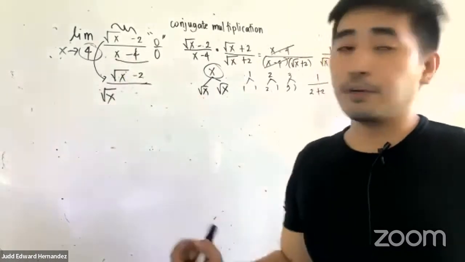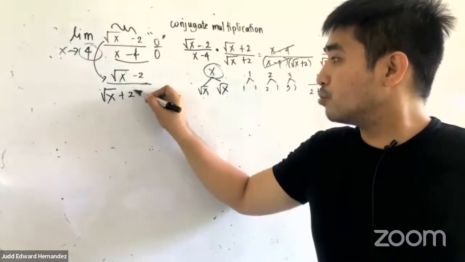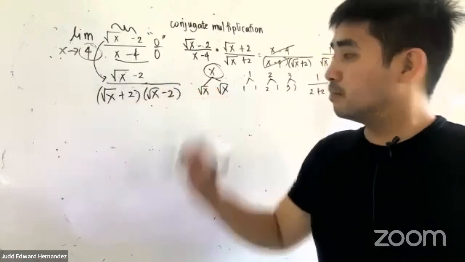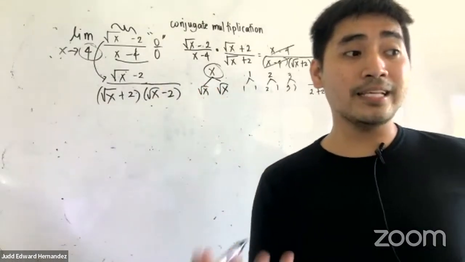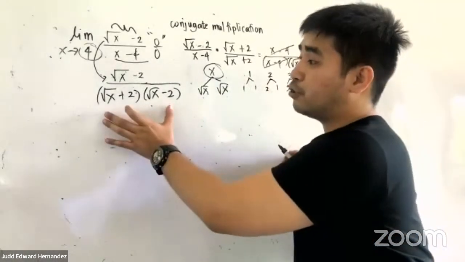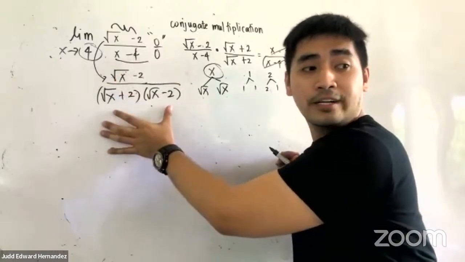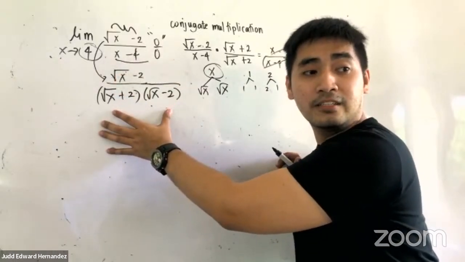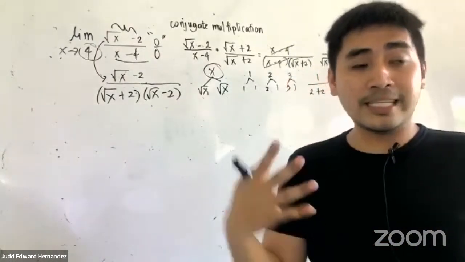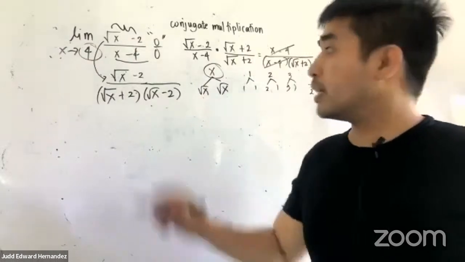Yung x minus 4, pwede natin siyang i-factor out ng square root of x plus 2 times square root of x minus 2. Parang ang ginagawa natin is difference of squares. Nagigets po ba na ito yung magiging factor nung x minus 4? Naintindihan kung bakit naging ganito? Yes or no?